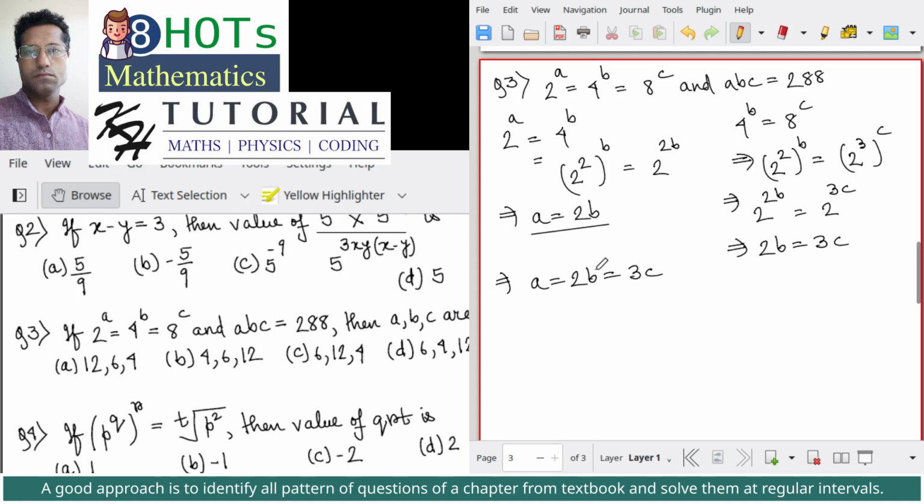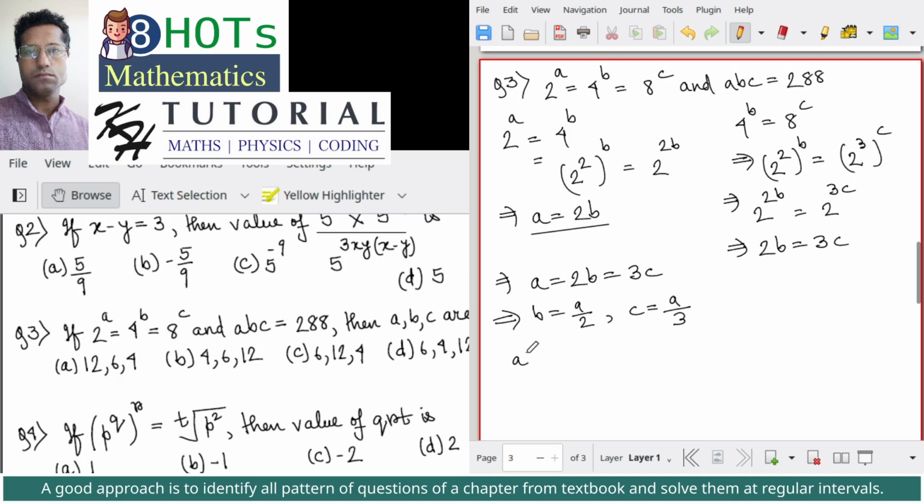So how do we do it? From the fact that a is equal to twice b is equal to thrice c, let's find b and c in terms of a. b will be equal to a by 2 and c will be equal to a by 3.